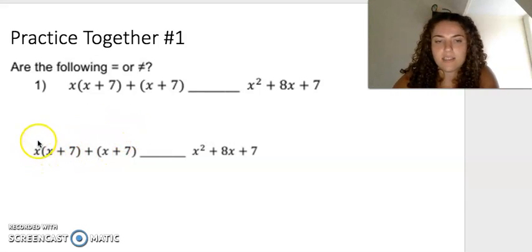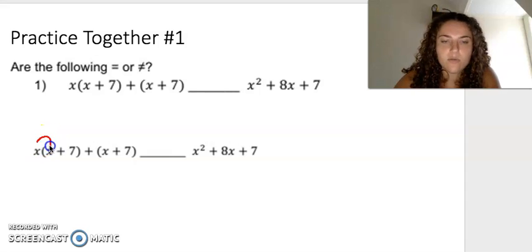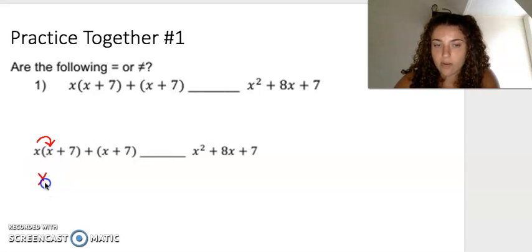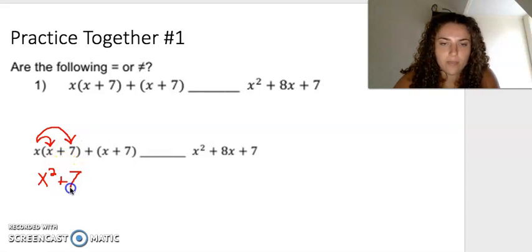So what we're going to do is, like we did before, we're going to distribute. So we're going to multiply this x times this x. X times x is x squared. Then we're going to multiply this x times this 7 right here, and that's going to equal 7x.